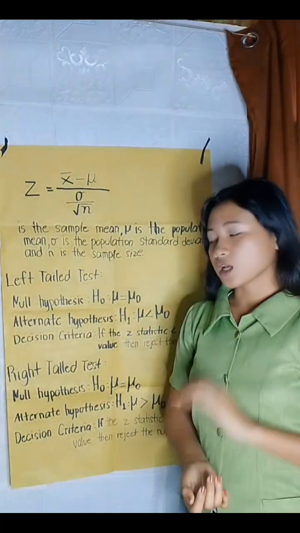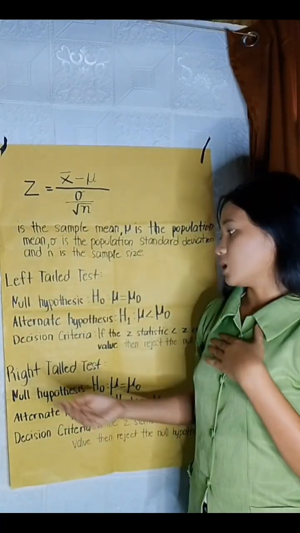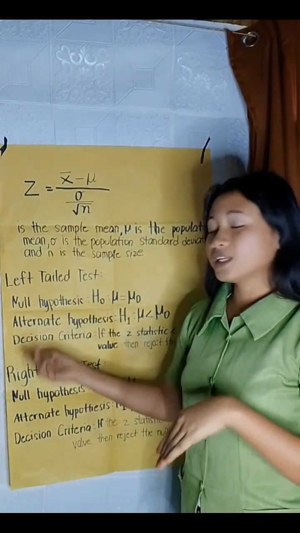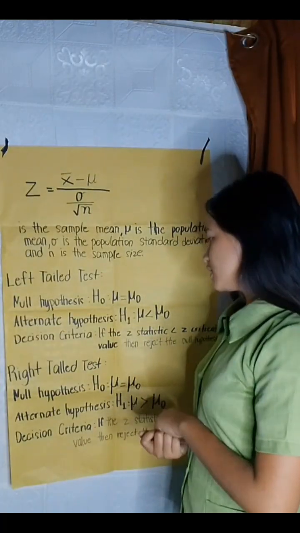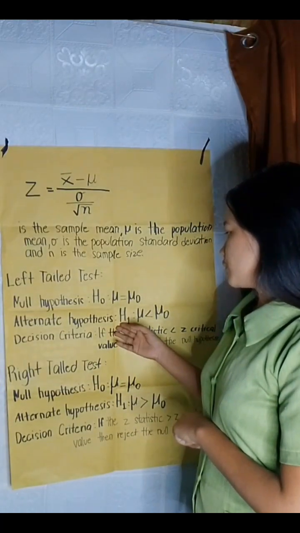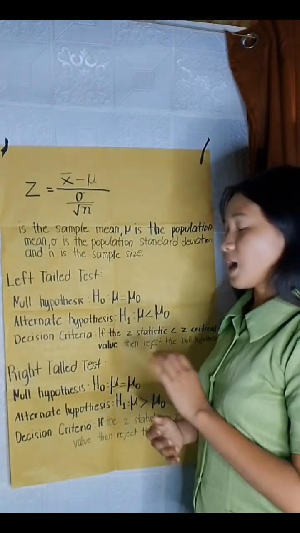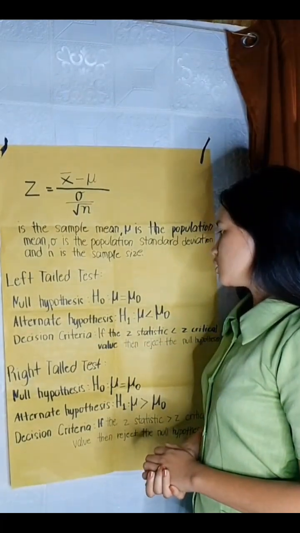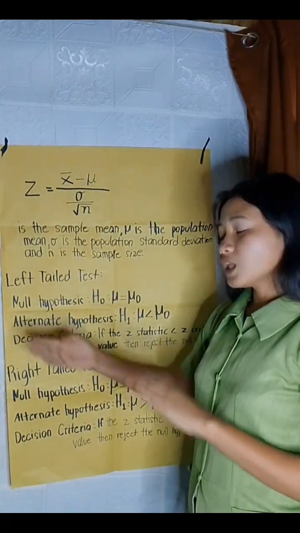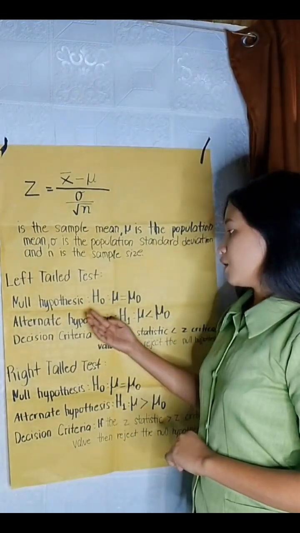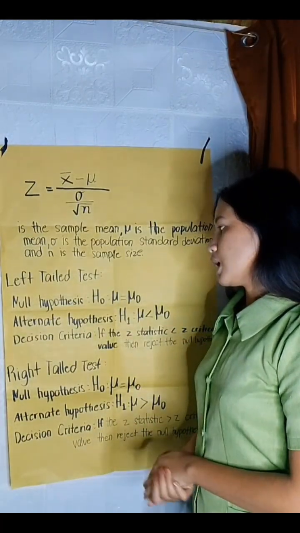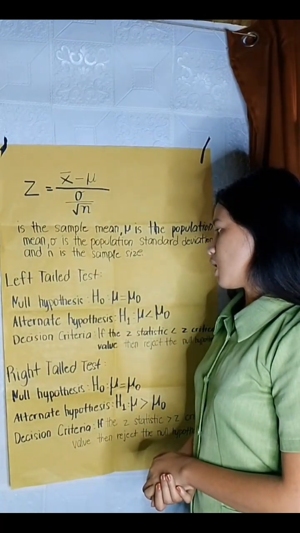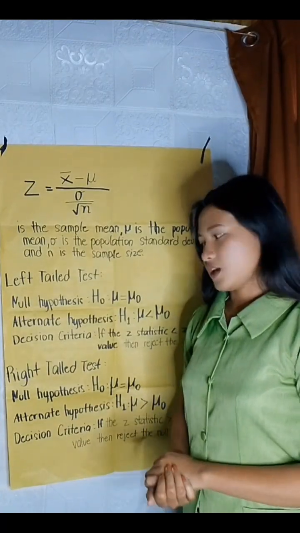And now the alternate hypothesis: there is a significant difference between the population means. So the null hypothesis is there is no significance, and the alternate hypothesis is there is a significance.